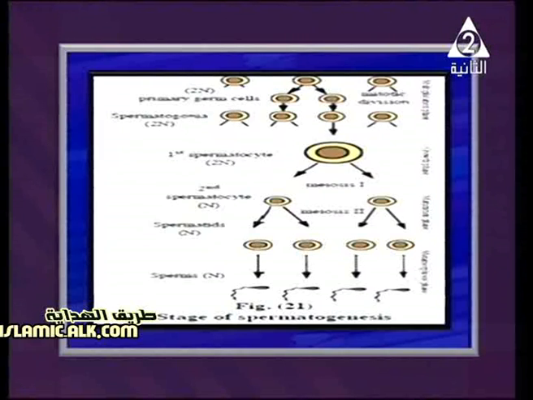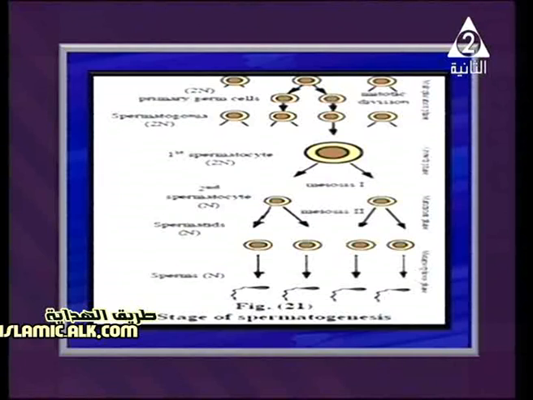Each one of them also carries half of the genetic material. Finally, each spermatid is surrounded by a suitable cytoplasmic envelope and changes into a sperm, to give us 4 sperms. So each one cell gives us 4 proper and healthy sperms.